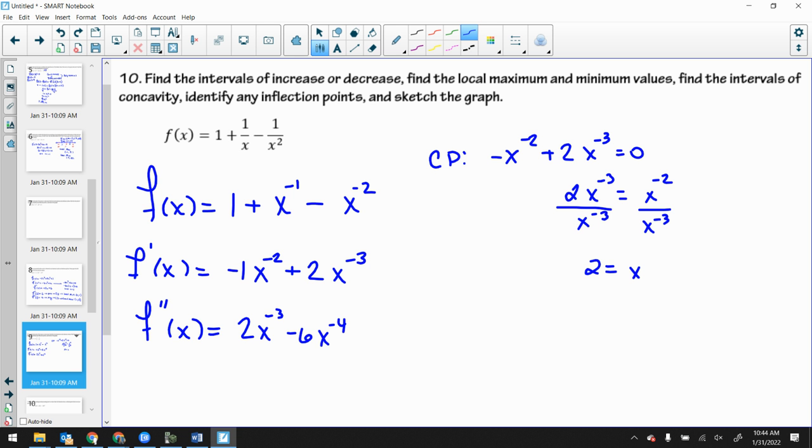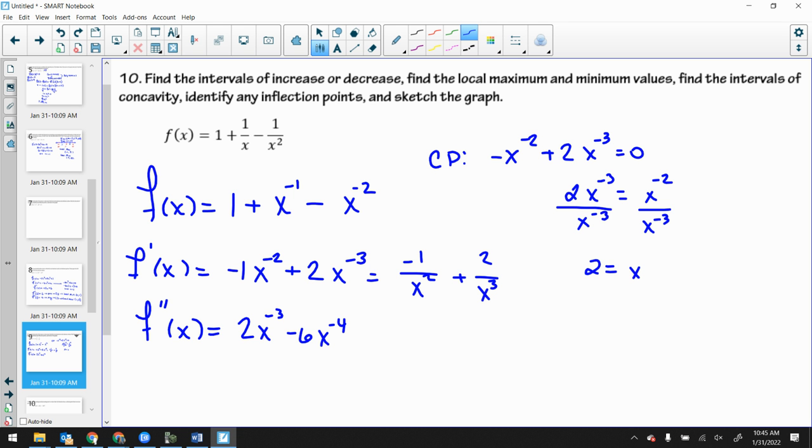Wait a sec. Isn't that just like negative 1 over x to the second? What happens if I plug 0 in here? Because another way to rewrite this would be like saying negative 1 over x to the second plus 2 over x to the third.